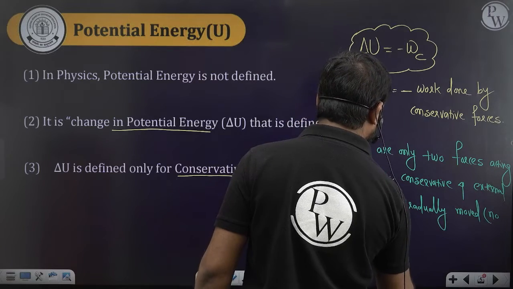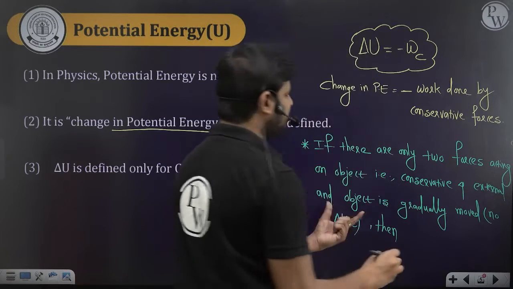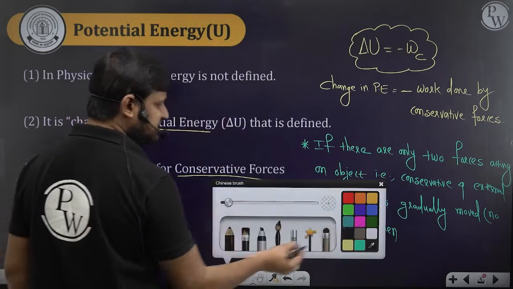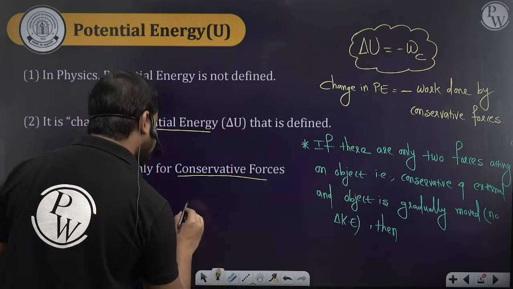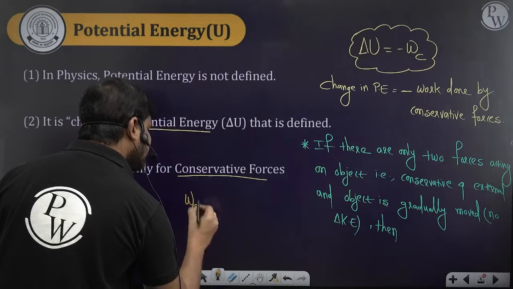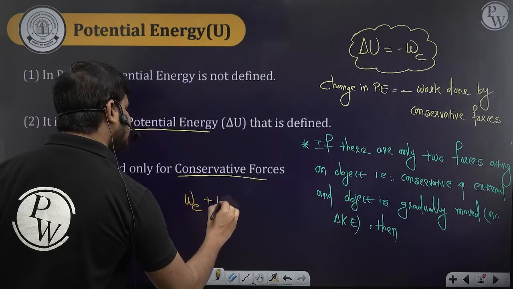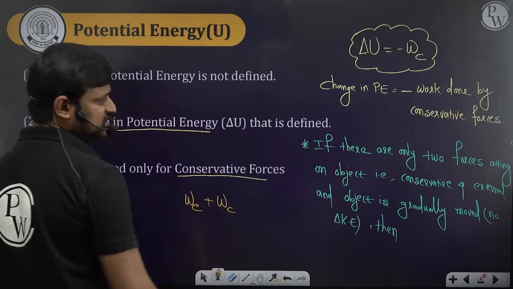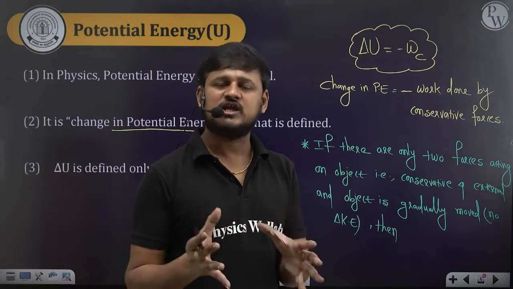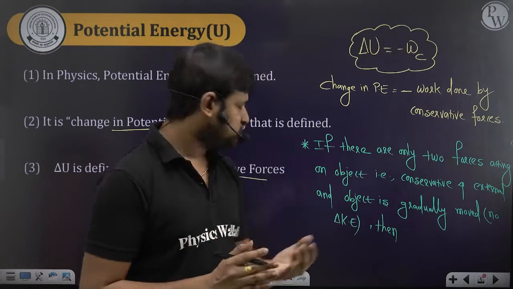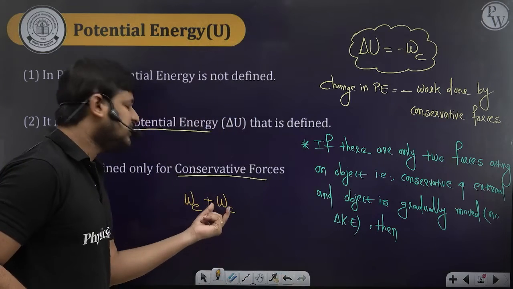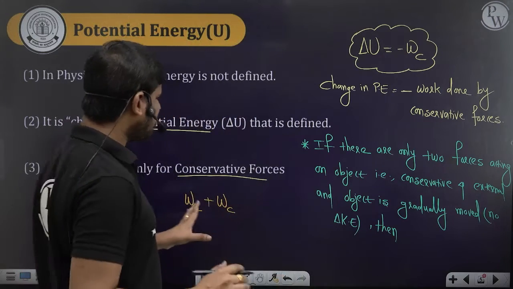So in that case, the work done by all the forces will be equal to the change in kinetic energy. What are all the forces that are acting? One is the external force, the work done due to the external force, and the other one is the work done due to the conservative force. Let's suppose on the body there are only two forces acting, one external and one conservative.